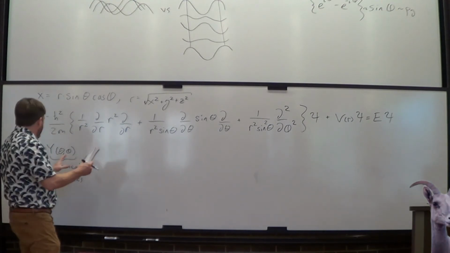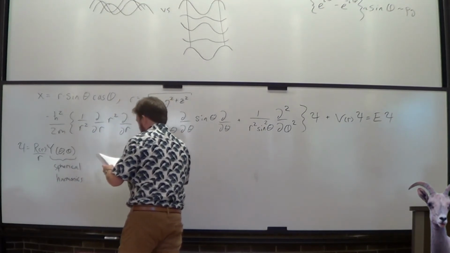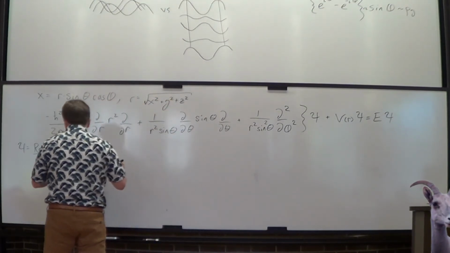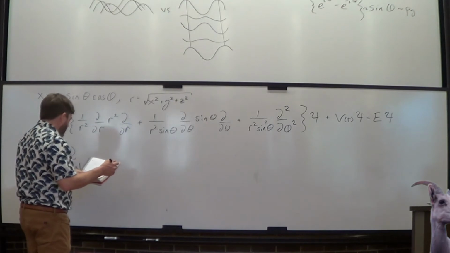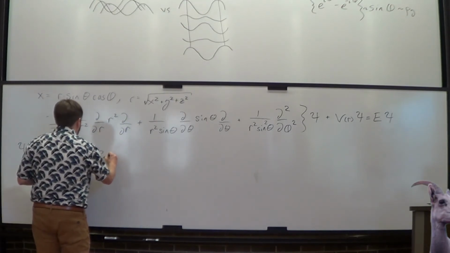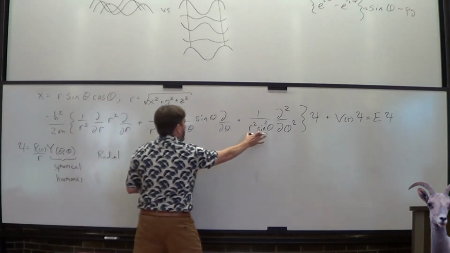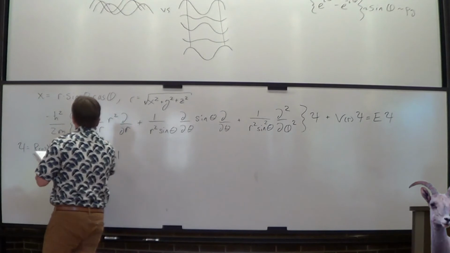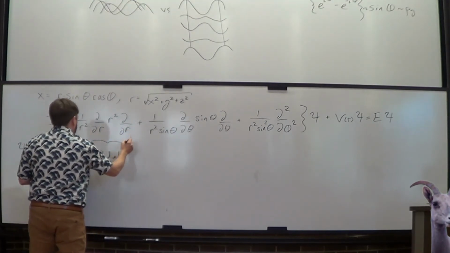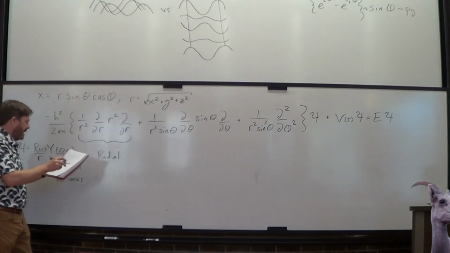But anyway, now I'm going to plug this in, and I'm going to do some rearranging. So what happens is, let's just do the radial part, and I'm going to ignore this. So I'm looking at this, and I'm applying this thing.